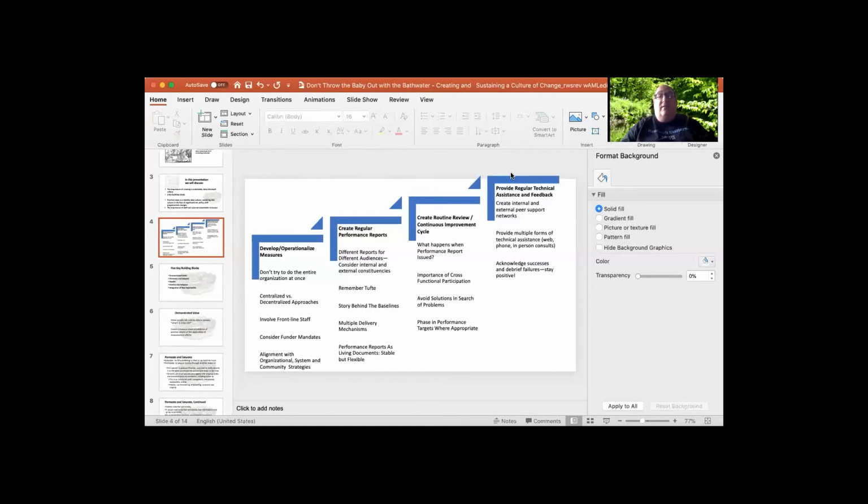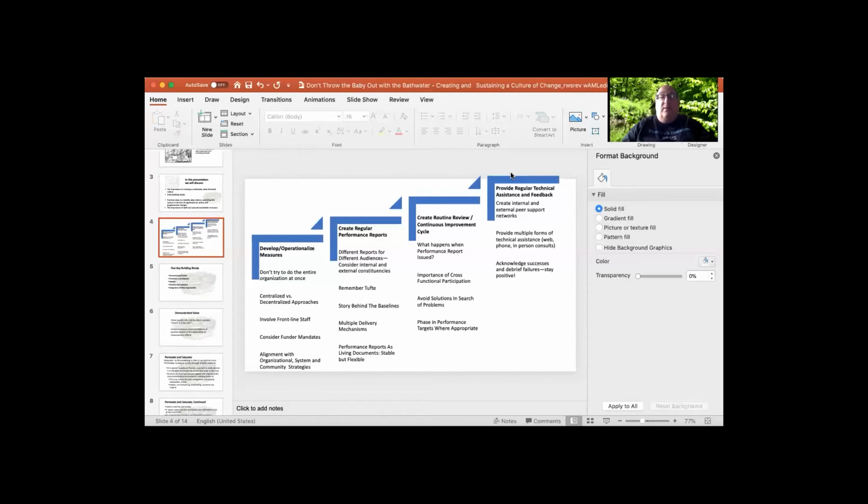Because of that, you really have to think of performance reports as living documents. They should be stable. They shouldn't change from quarter to quarter so that you're never measuring the same thing twice. But you should also be flexible if they require update. You should make those changes that are required. So there's that tension between stability and flexibility.